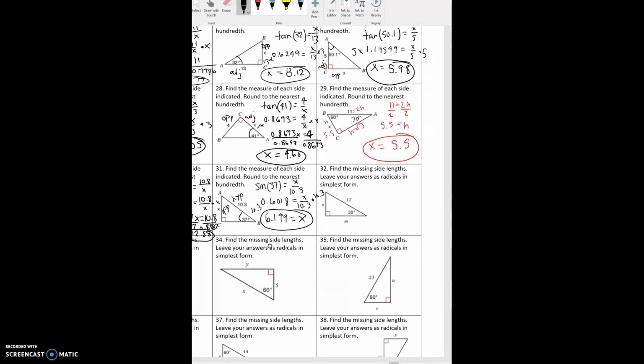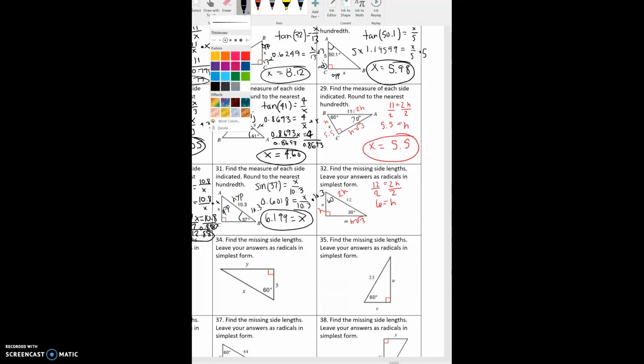Number 32, find the missing side lengths. Leave your answers as radicals in the simplest form. First thing I notice is 30 degrees, which means that this is a 30, 60, 90. So we can fill out our formula. H times the square root of 3, h and 2h. If 12 equals 2h, h has to equal 6.